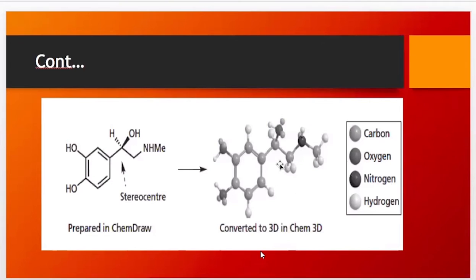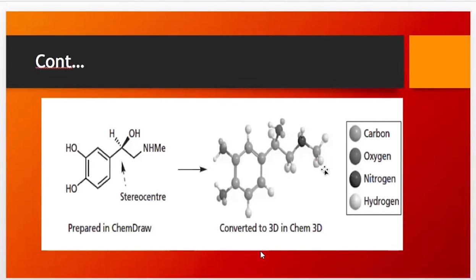And this is how it would look. So with 3D structures, it helps you visualize how this compound would look in space. All right, so it gives you that clear picture. With ChemDraw, it's just a 2D structure. You can't really see the orientation of these different atoms in space.